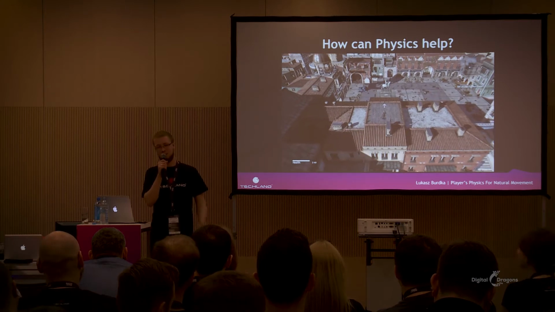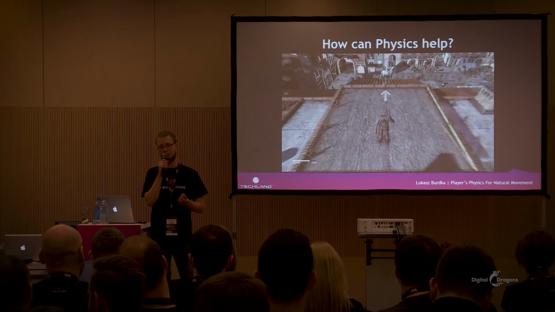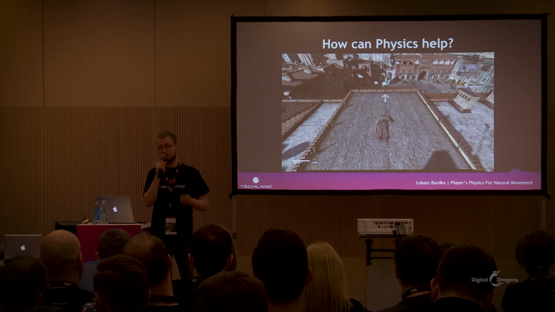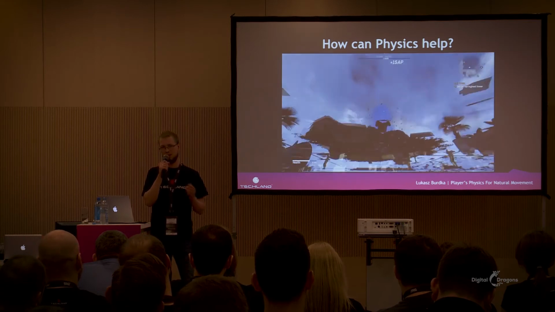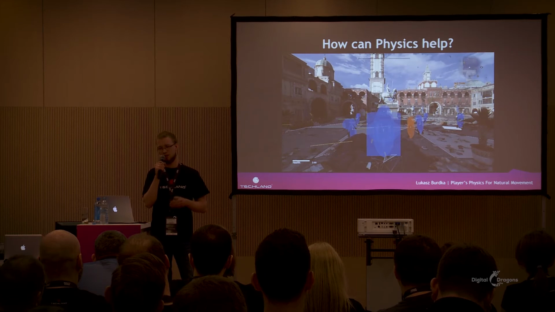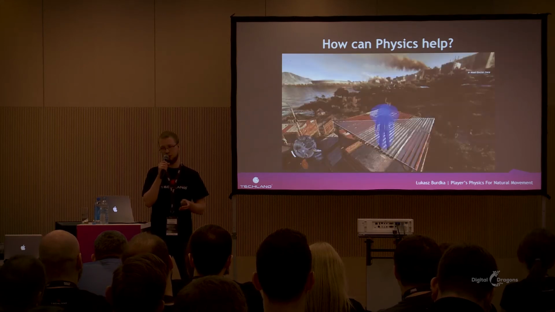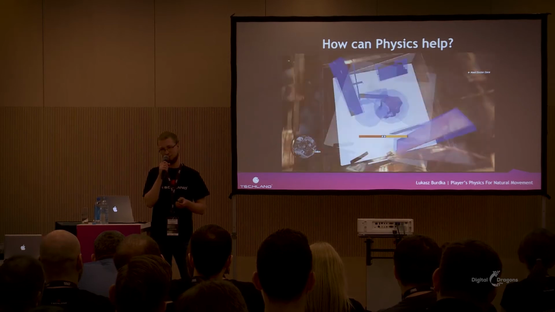Okay, so what I'm talking about partially is the responsibility of the gameplay code, but not only. So what's the physics role in this show? Physics makes the player an integral part of the environment. It makes sure he doesn't penetrate walls, doesn't fall through the floor, or falls through it when it's our game's intention.